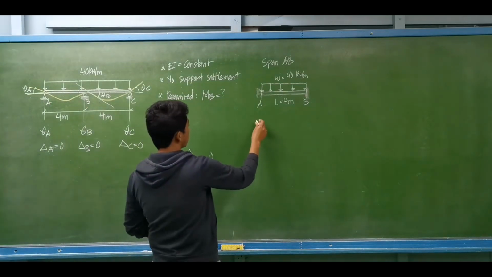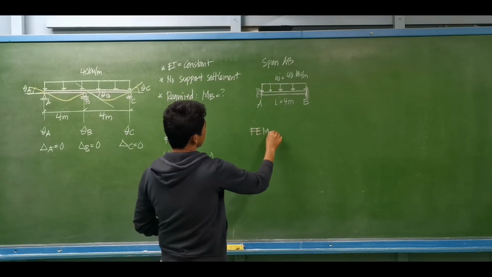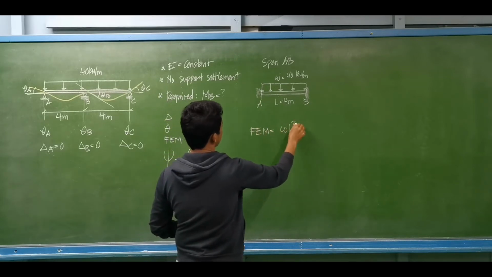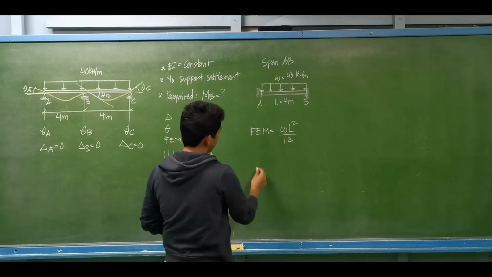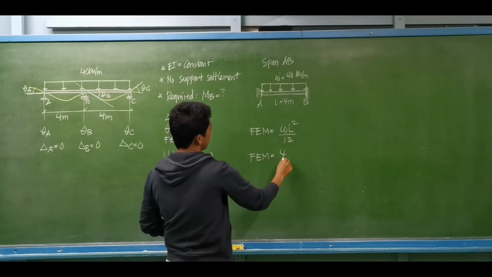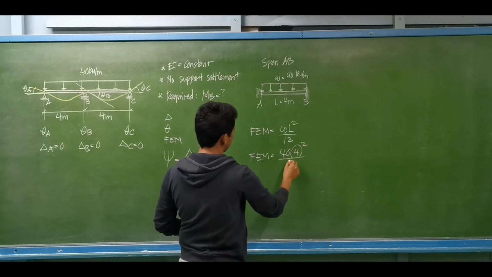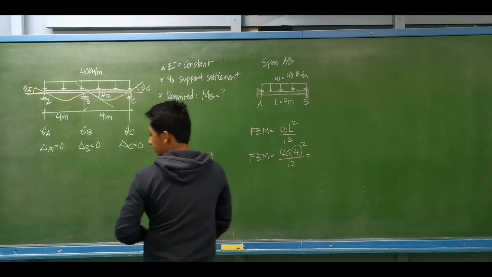What is the equivalent fixed end moment for this case? The fixed end moment is equal to the uniform load times the length squared divided by 12. If you compute for that value, FEM is equal to the uniform load of 40, the length is 4 squared, divided by 12. So we have that value.